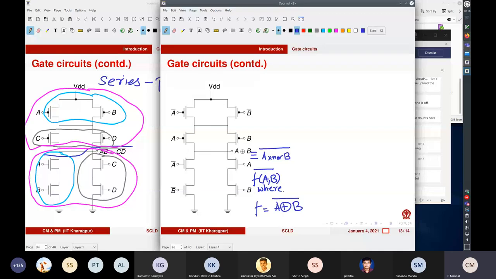That's the XNOR function. I mean, you'll just find it easier to explain the working that way. The two are the same actually.